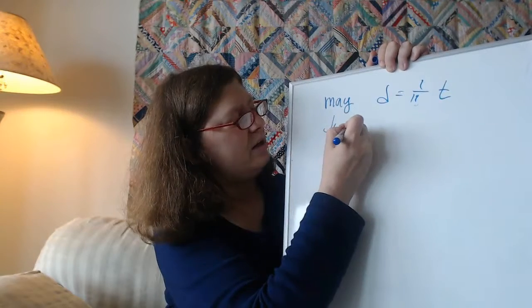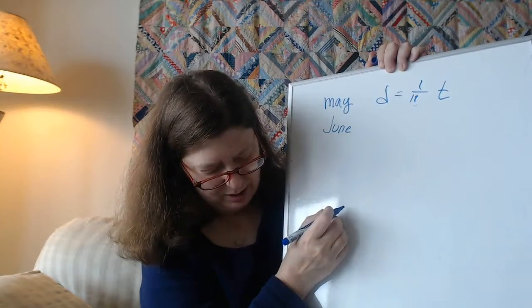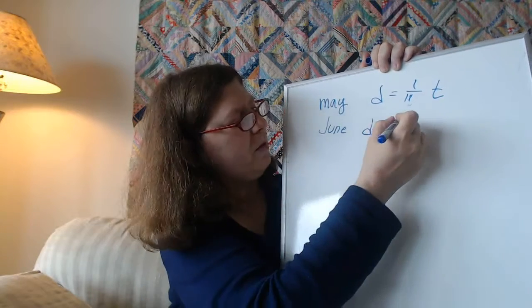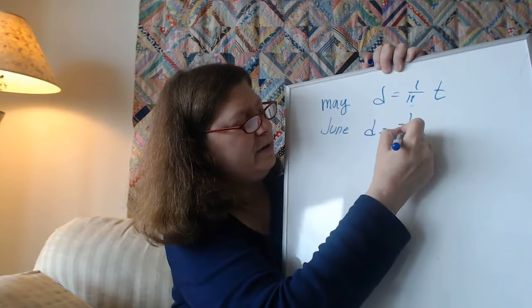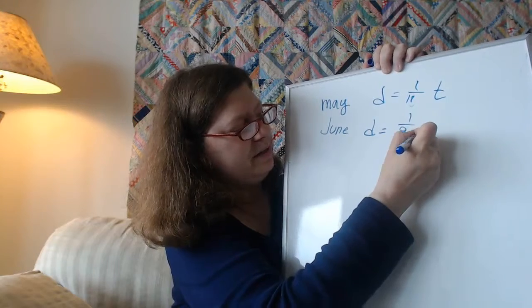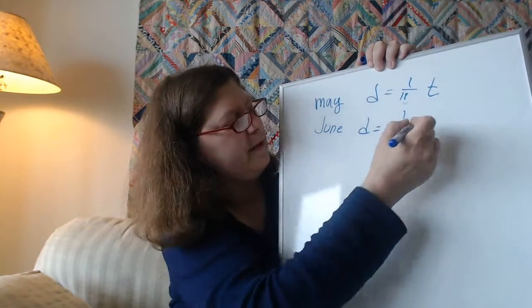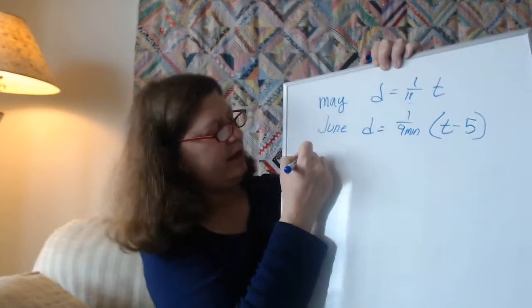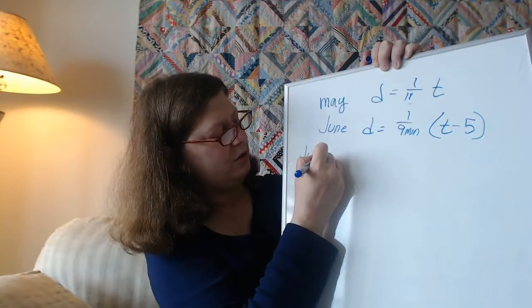June is distance equals 1 mile in 9 minutes times t minus 5. And July has 2 pieces.